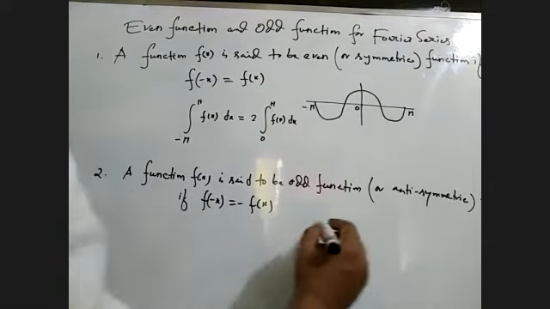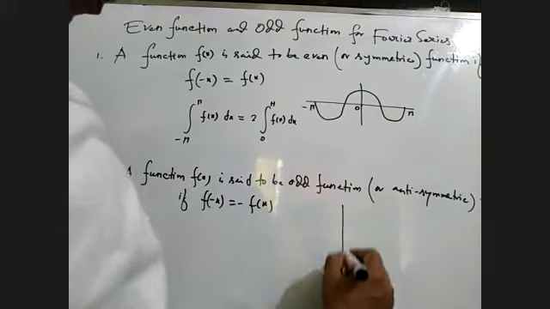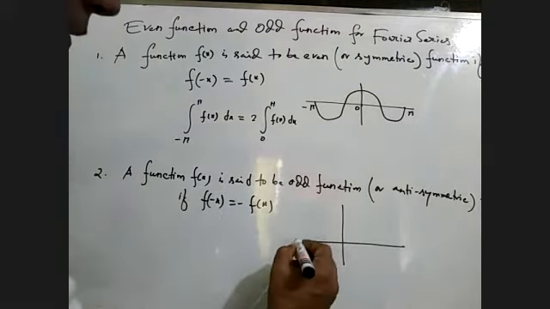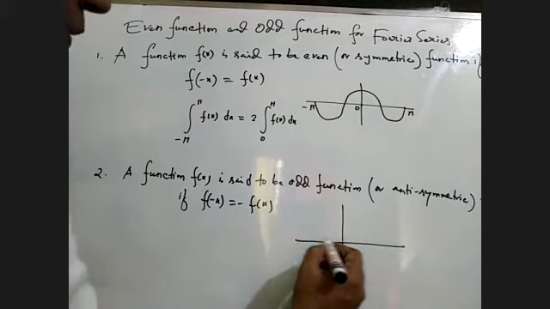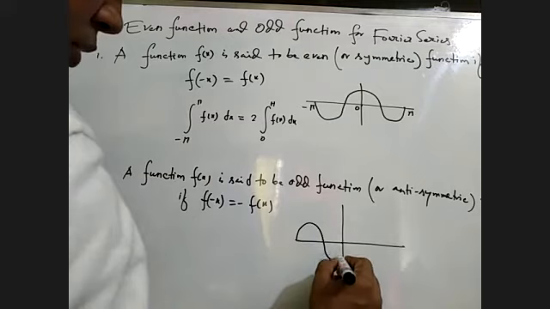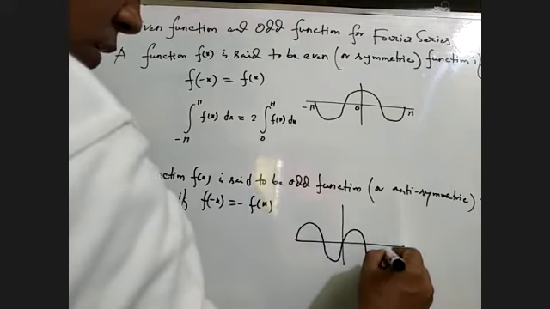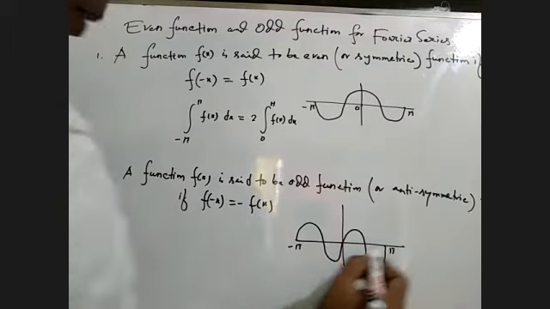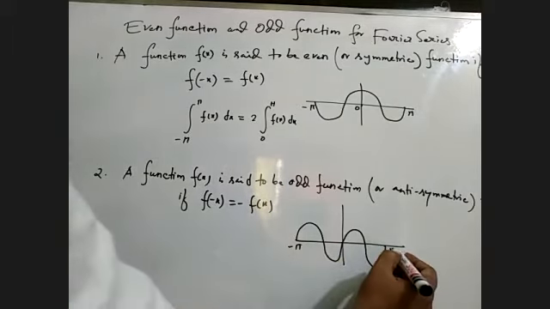But in that case, for the odd function, the graph will be like this, and it will pass through the origin. Suppose this type of curve, from minus pi to plus pi. So how can we find this area?